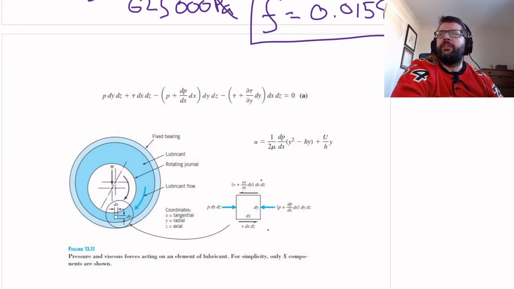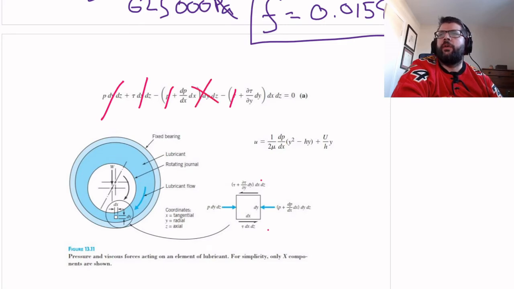Essentially what happens is this cancels out with this, and this cancels out with this, and we're left with dp over dx times dx dy dz plus d tau over dy times dx dy dz.